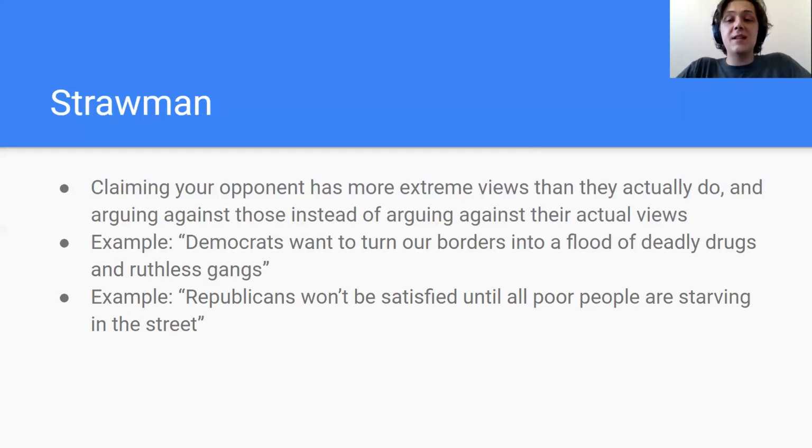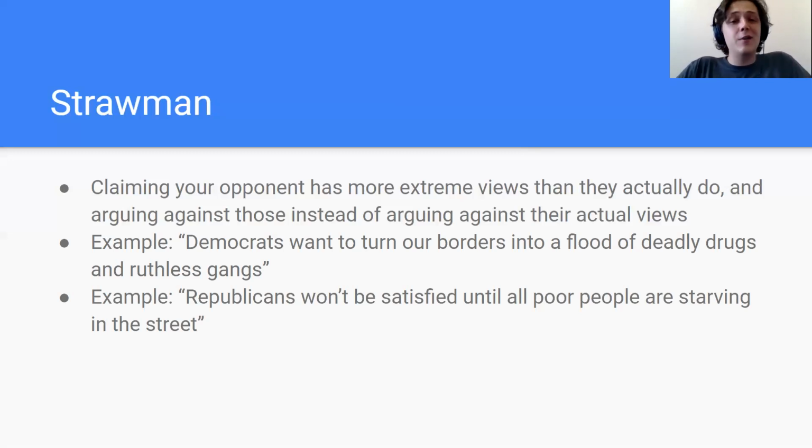Now, clearly, both of these claims are false, right? No Republican politician is genuinely excited for poor people starving in the street as a goal. That's just not a thing. Politicians are not that comically evil. Democratic politicians do not want to turn borders into a flood of deadly drugs and ruthless gangs. That's not their desire or their goal.